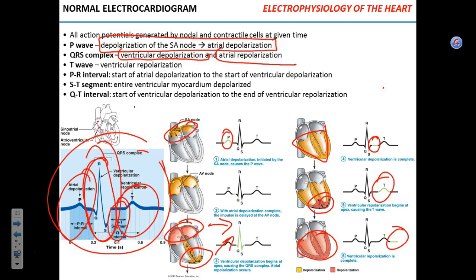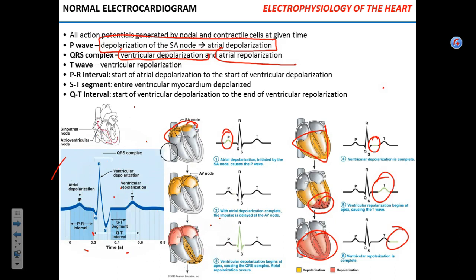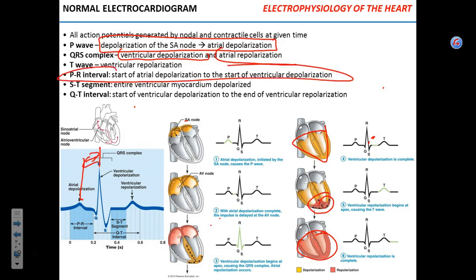Now there are a few quite important intervals that we need to pay attention to, and they're kind of easy to figure out. So one is the PR interval. This one is from depolarization of atria to beginning of ventricular depolarization. So what's the delay? Does that make sense? ST segment.